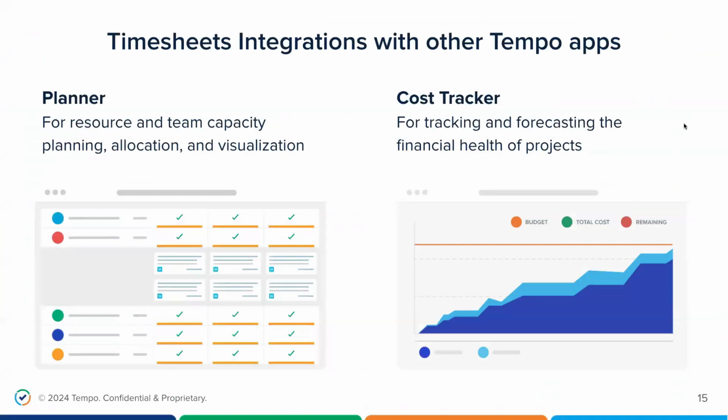Okay, great. So quickly, let's talk about Timesheets integrations with other Tempo apps. So I hinted at this a little bit earlier. Let's get a little bit more into it. So as mentioned before, Tempo is a lot more than just Timesheets. So generally speaking, Tempo's suite of tools, four we're going to talk about quickly here are Cost Tracker, Planner, Structure, and Custom Charts.